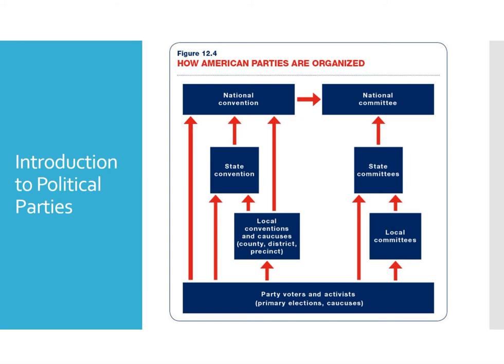And there are various ways individuals are nominated, but your authors talk about the traditional path and the primary path. Go back and review those graphics and those definitions for this section. But this graphic, this 12.4 figure, is showing the organization of the national parties.